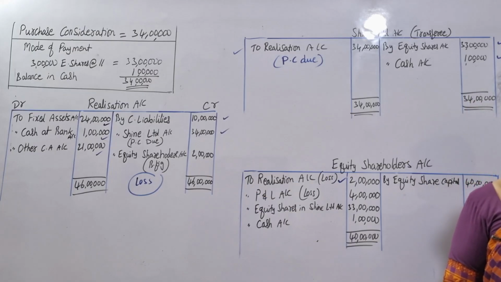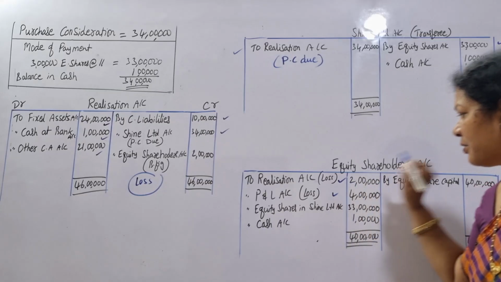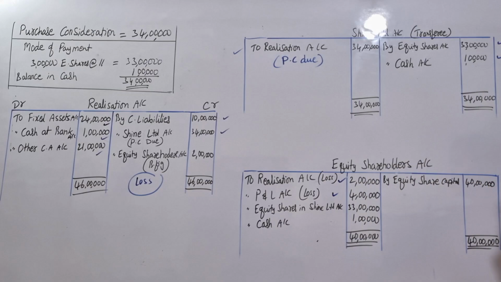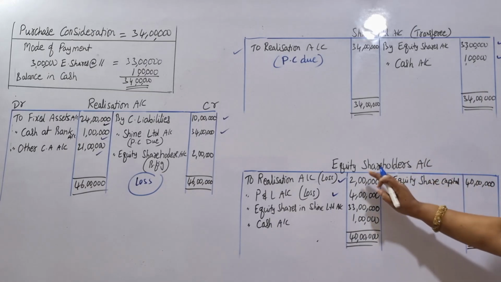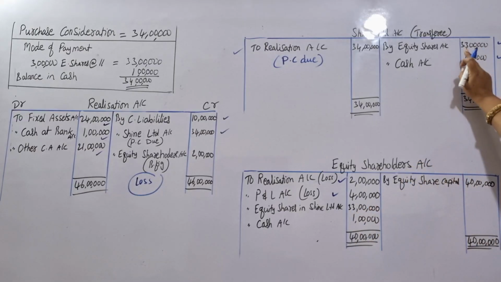There is another loss in the balance sheet. On the asset side it is given, profit and loss account 4 lakh. That is also a loss. All the loss is going to be borne by the equity shareholders. So 4 lakh I have also written here. Then after that, payment: equity shareholders are getting a payment of 33 lakh. How are they getting the 33 lakh?